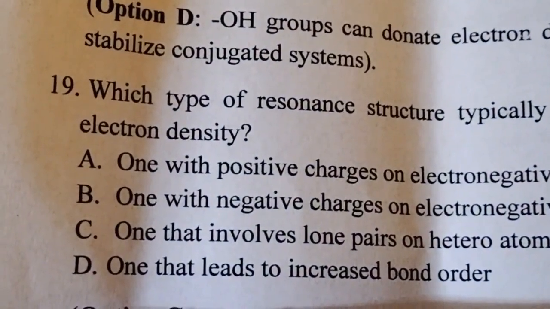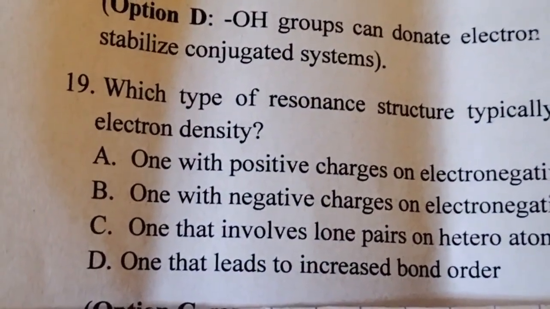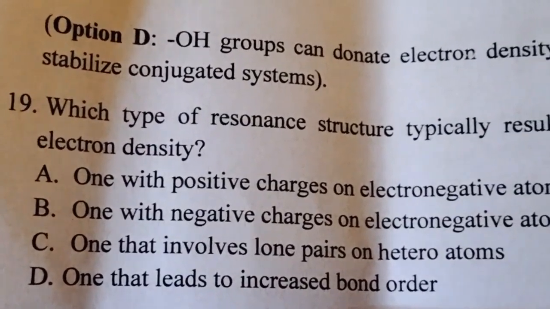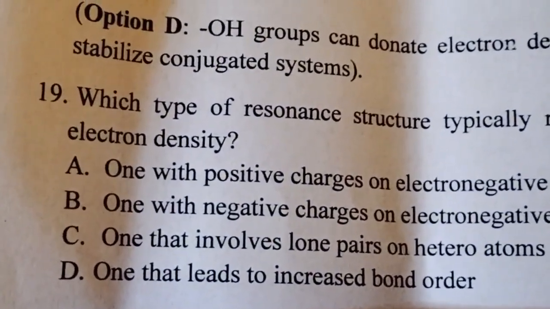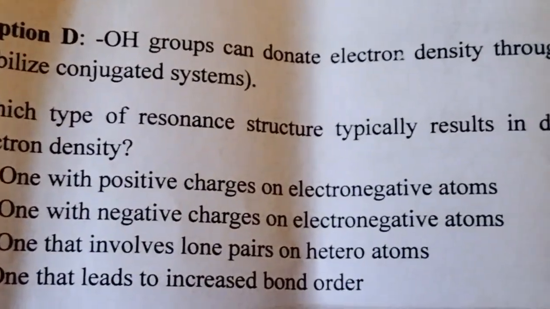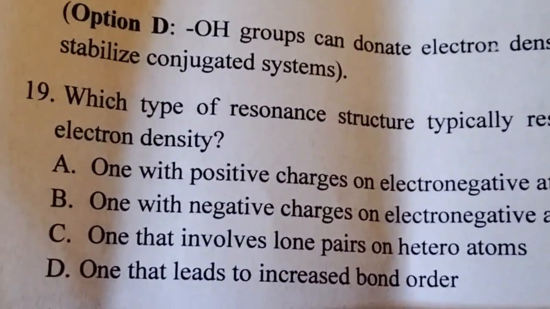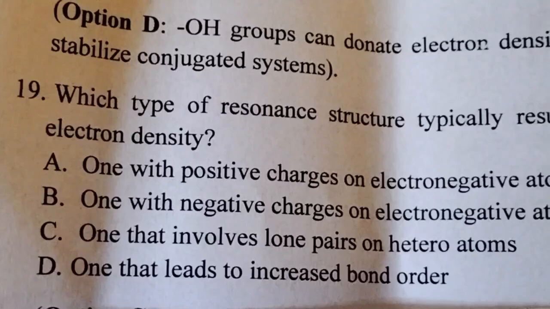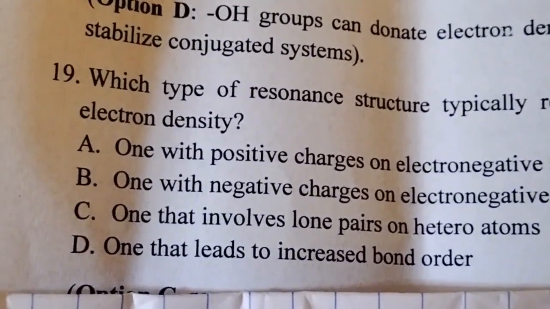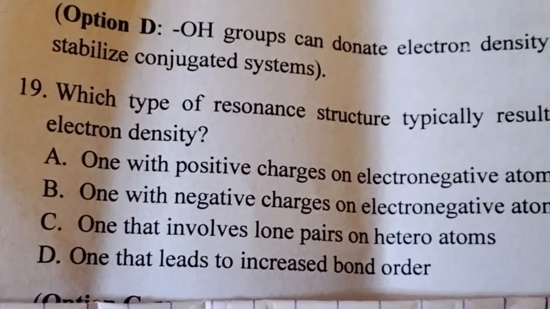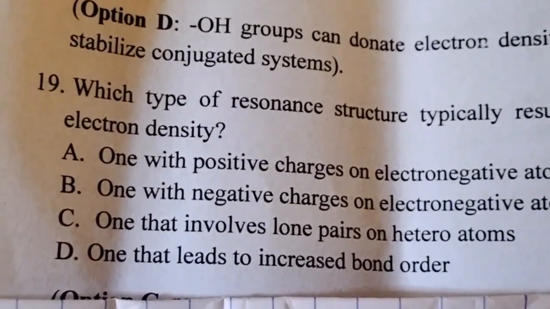Question number 19. What type of resonance structure typically results in delocalization of electron density? A, one with positive charges on electronegative atoms. B, one with negative charges on electronegative atoms. C, one that involves lone pairs on heteroatoms.